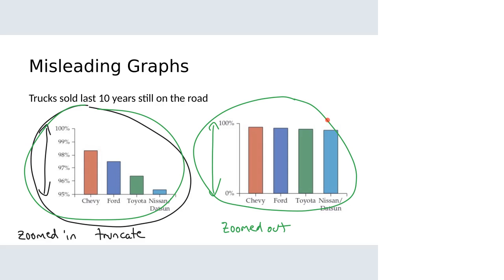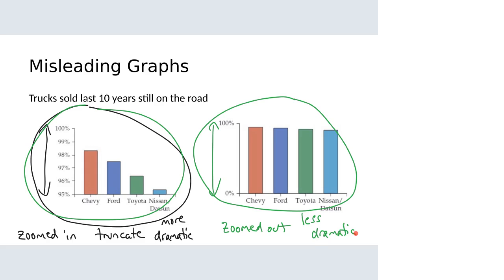Again, when we zoom in or truncate, the changes look more dramatic. If we zoom out and show the entire y-axis, the changes look less dramatic. And that can be done on a line graph, or it can be done on a bar graph.